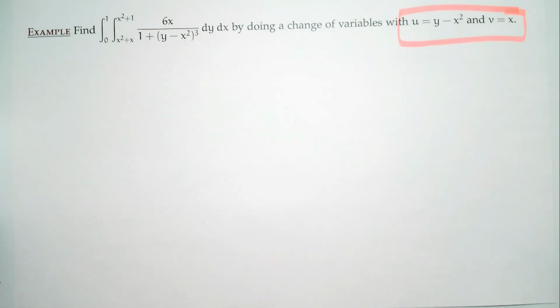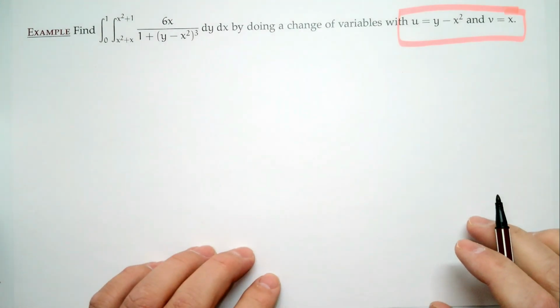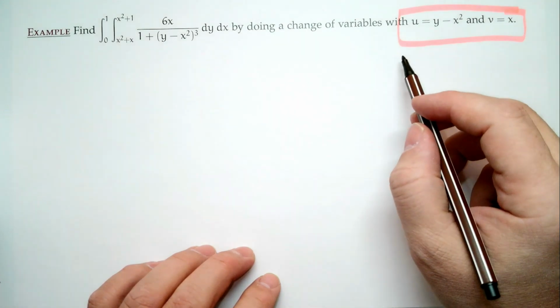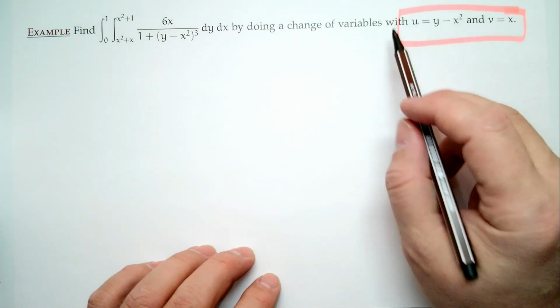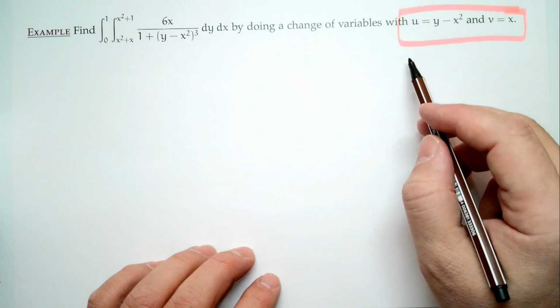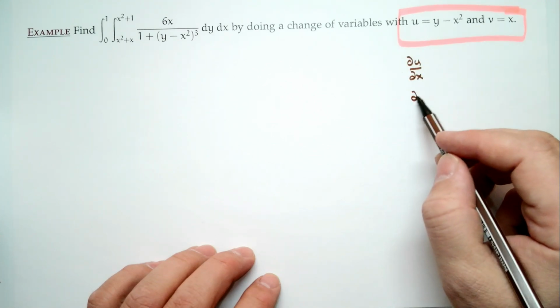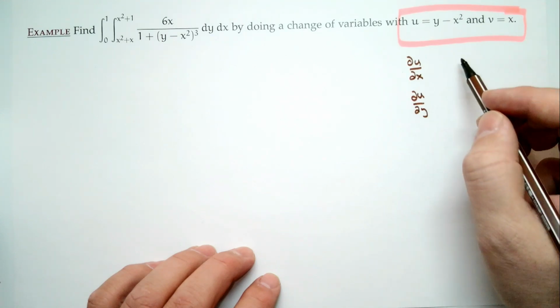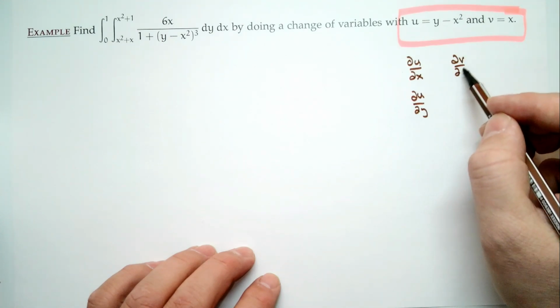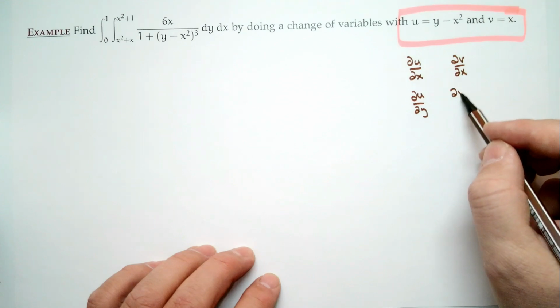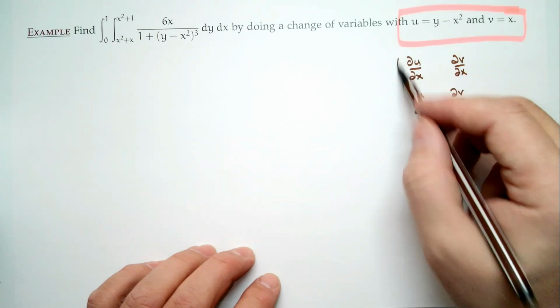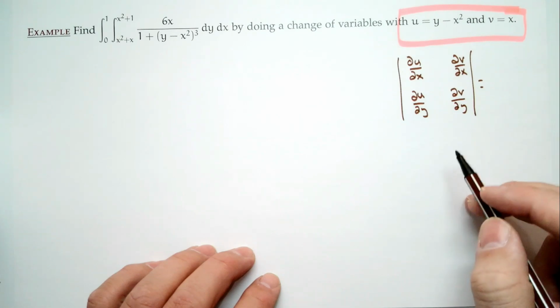Well, here's how I like to do it. This is a slightly different way, but that's all right. I'm going to take this set of partial derivatives. So I'm going to look at partial u, partial x, partial u, partial y, partial v, partial x, and partial v, partial y. All right, let's find these partial derivatives.